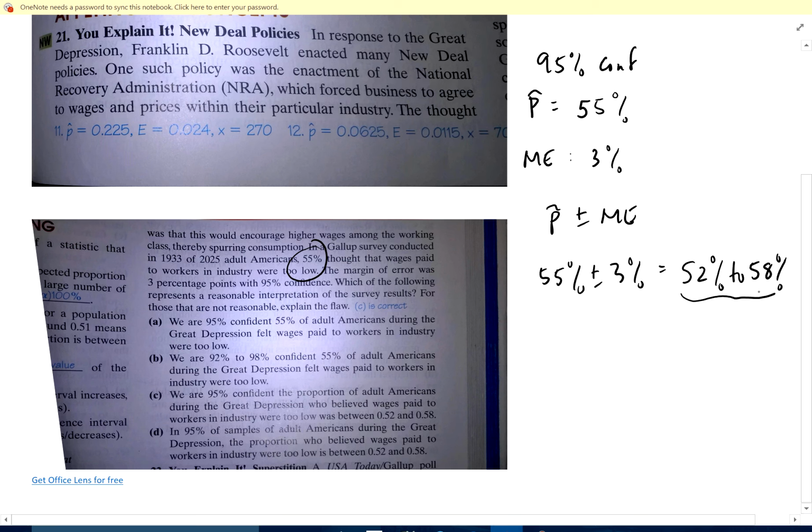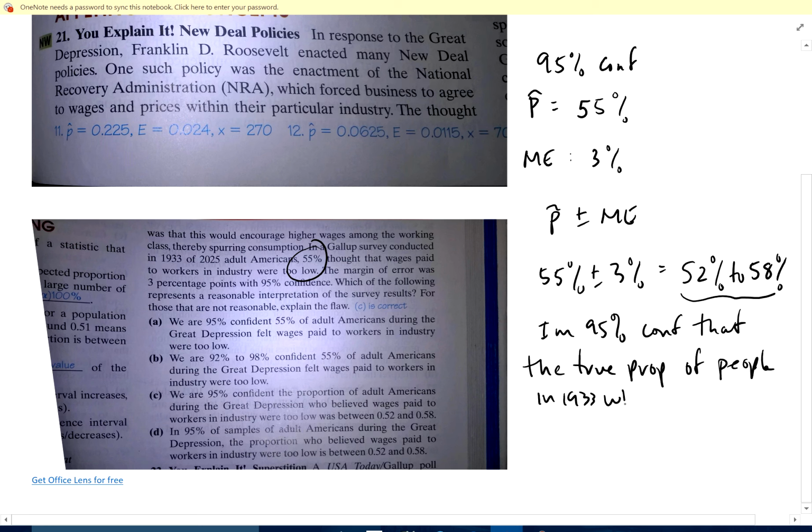Okay, this means I'm 95% confident that the true proportion of people in 1933 who thought, I think everybody's going to think wages are too low at any given time, right?